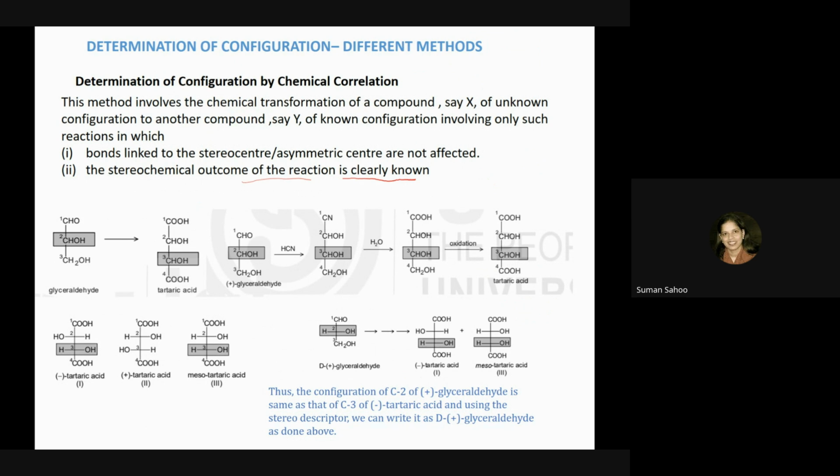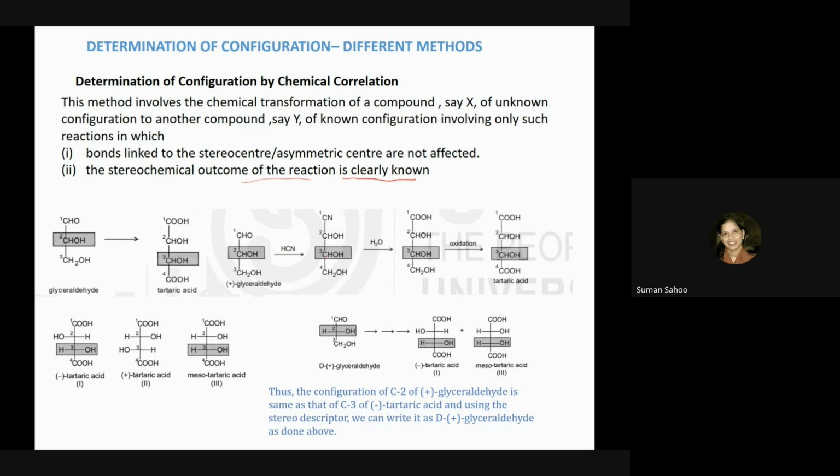For example, if we take glyceraldehyde, in glyceraldehyde this carbon number 2 is a chiral center, but we do not know its exact configuration, whether the H is on the right side or the OH on the left side. So glyceraldehyde can be converted to tartaric acid. For example, when glyceraldehyde is treated with HCN, hydrogen cyanide, this CHO group undergoes a nucleophilic addition reaction.